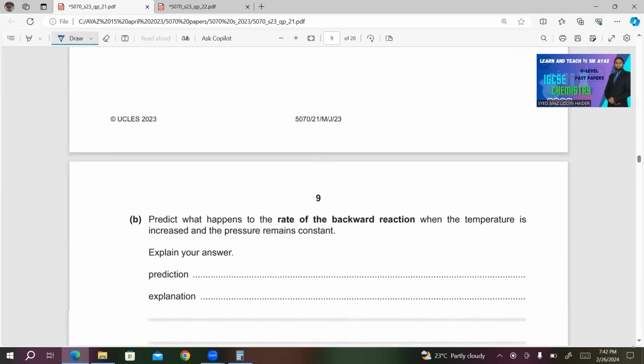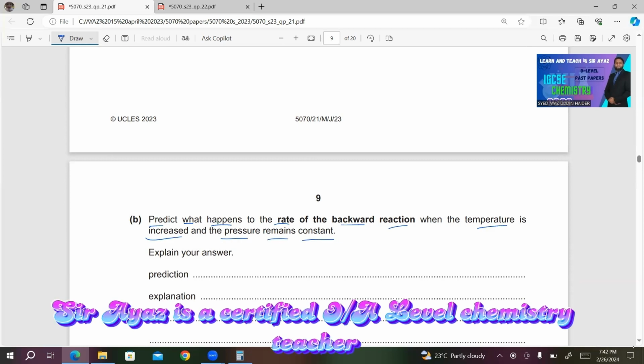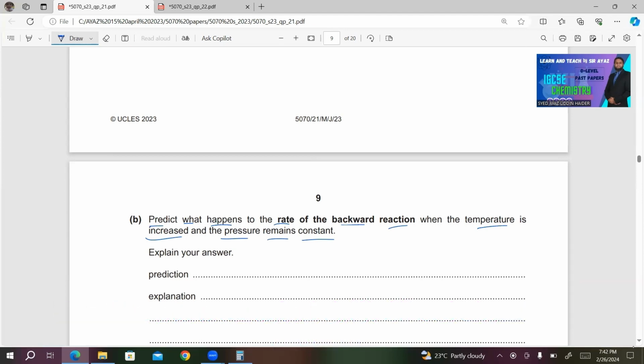Predict what happens to the rate of the backward reaction when the temperature is increased and the pressure remains constant. Now they are talking about the rate of reaction, not the equilibrium. So if you increase the temperature, the rate increases. Why?